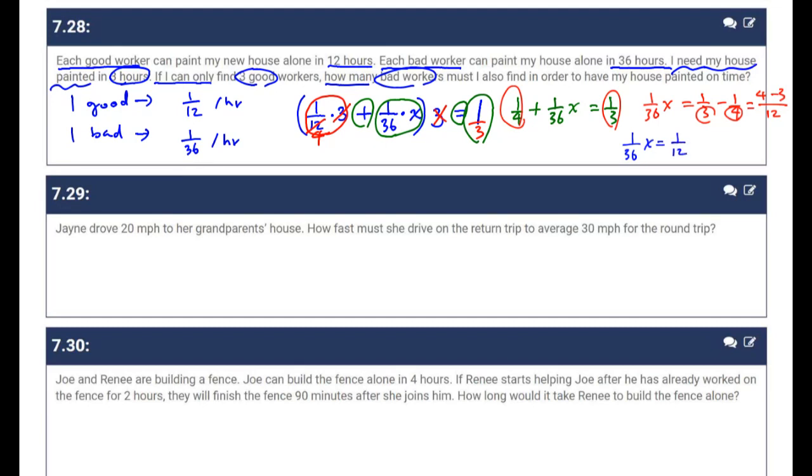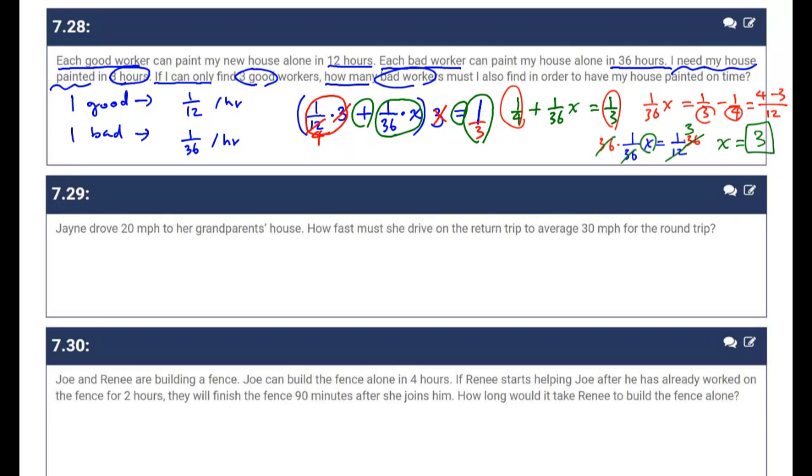So if I multiply both sides by 36, that's going to be gone, of course, leaving x alone on the left side, and 12 goes in there 3 times, so the answer is 3 bad workers to be added. That was quite complicated.